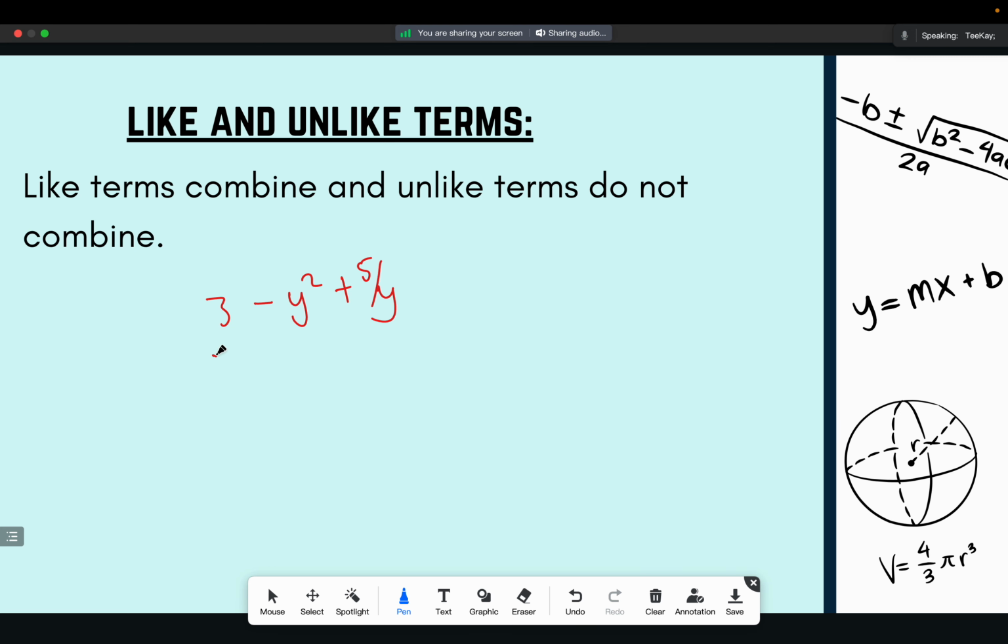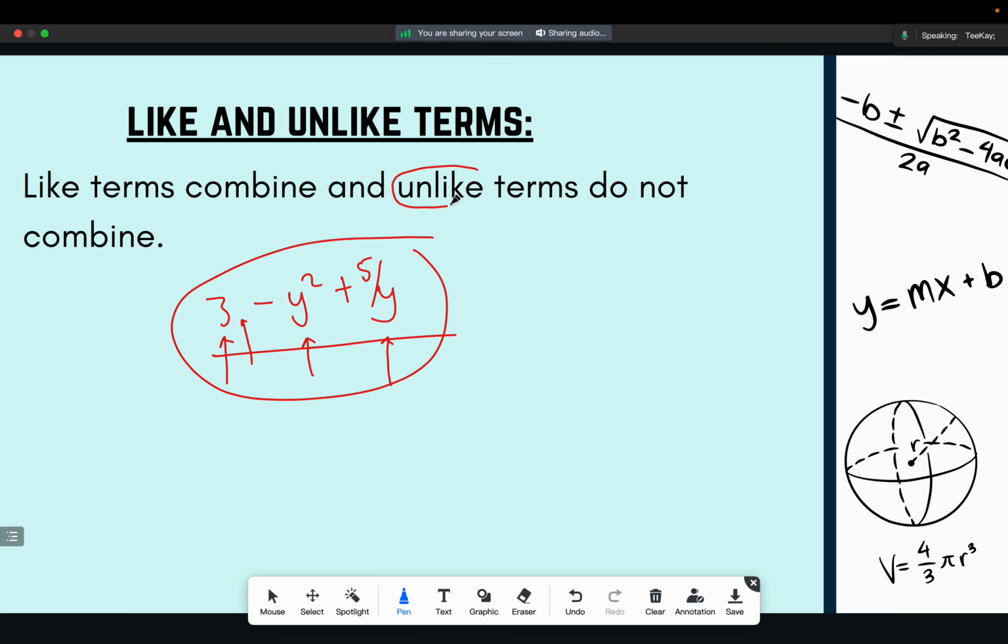This one. If you look here, we have this 3, which doesn't have a letter here. And then we have this y squared. And then we have this y here. So this expression is made of terms that are unlike. So, what are like terms? For us to understand unlike first, let's start with like terms.